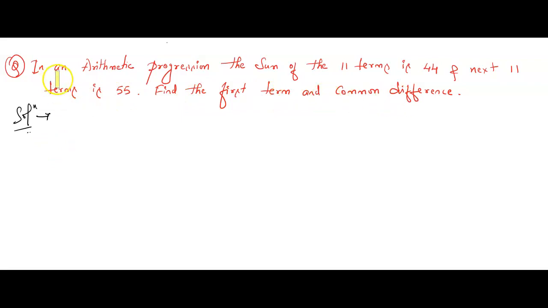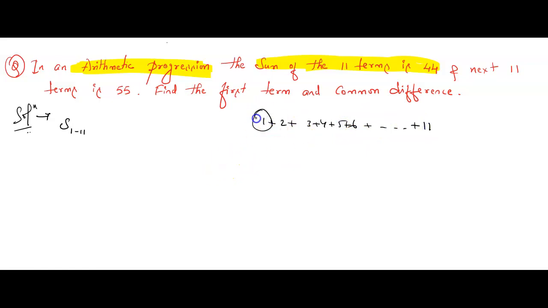Now here you need to understand the question. This problem is related to AP and the first condition here is: sum of the first 11 terms is 44. It means from the first term to the 11th term, if you add all the numbers, like 1 plus 2 plus 3 plus 4 plus 5 till 11 terms, the numbers can be anything.